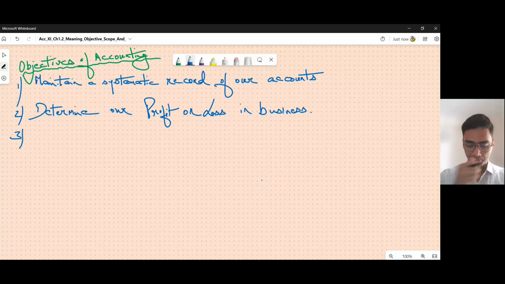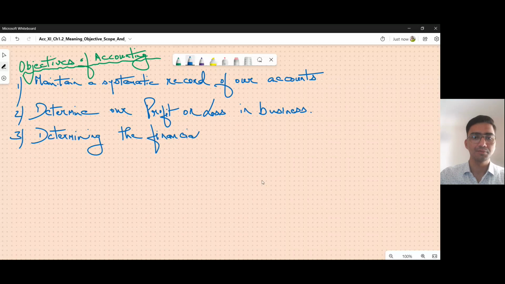The third is to determine your financial position. So how do we determine our financial position? Now, this is something which we're going to learn in the later chapters, but for now, just for your information, we determine our financial position by making something which is called a balance sheet.